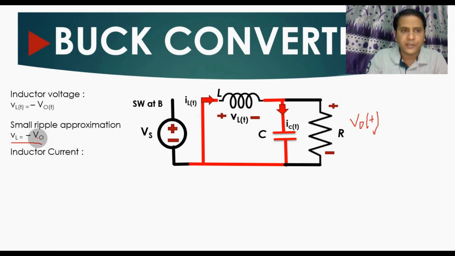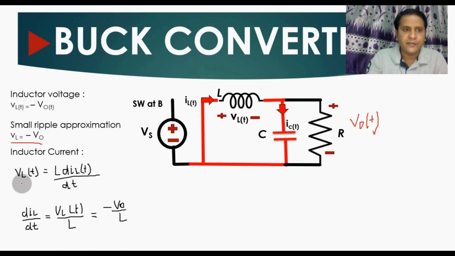If you want to find the inductor current during the turn off time, when the switch is at position B, VL equals L dIL by dt, so dIL by dt equals VL divided by L. With small ripple approximation, since VL equals minus Vo, dIL by dt equals minus Vo divided by L. So the current slope through the inductor is minus Vo divided by L.